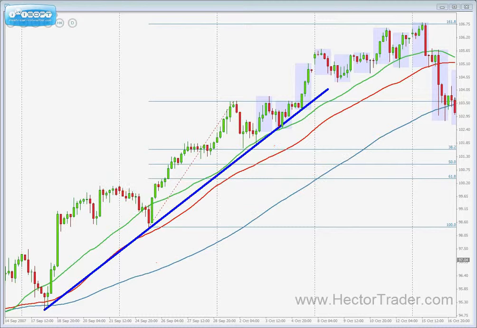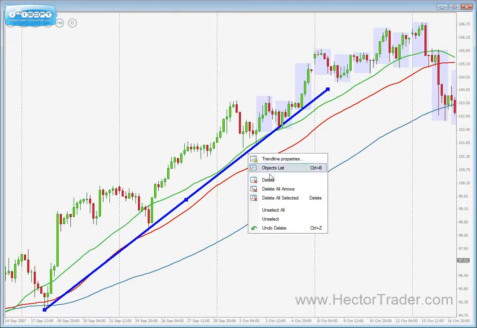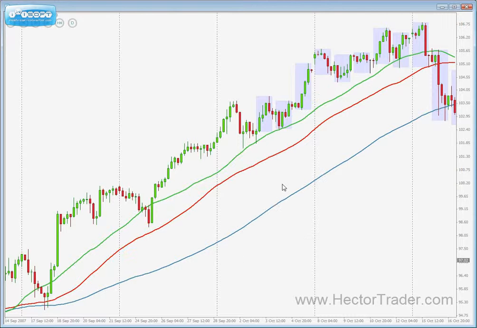But nonetheless, we do have a trend line, the 38% Fibonacci retracement, and of course, as usual, the dynamic area of support. So we have a few elements coming together, forming a cluster, a congestion of different elements of support.